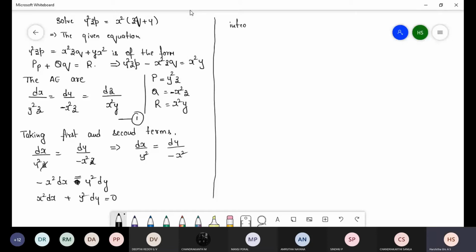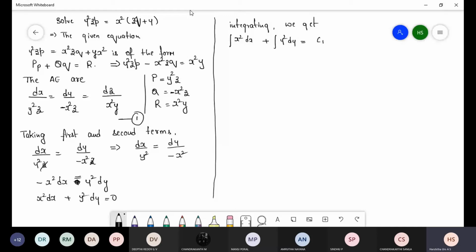Integrating, we get integration of x square into dx plus integration of y square into dy is equal to, write constant c1.